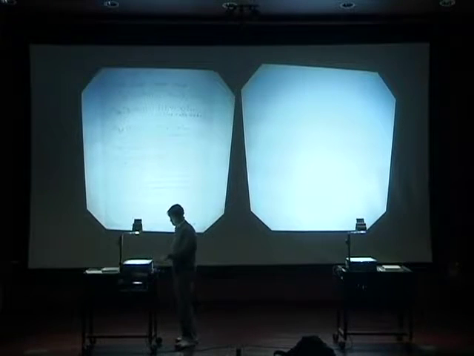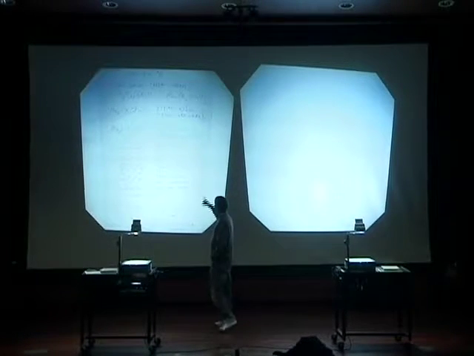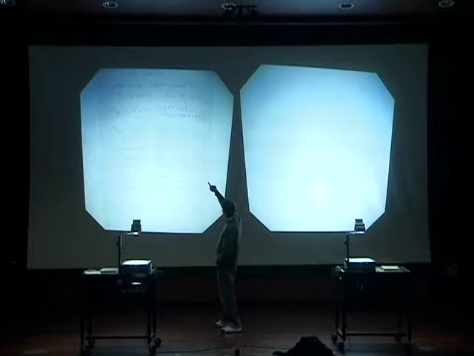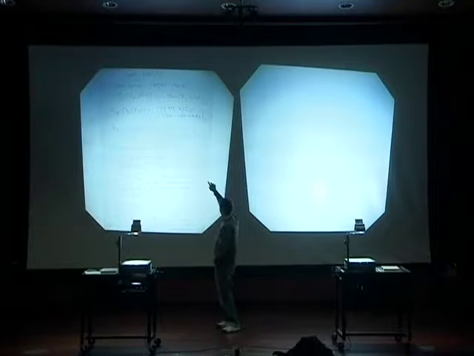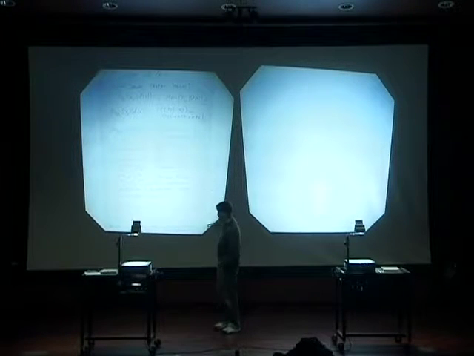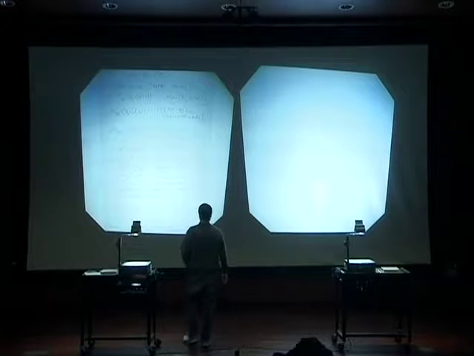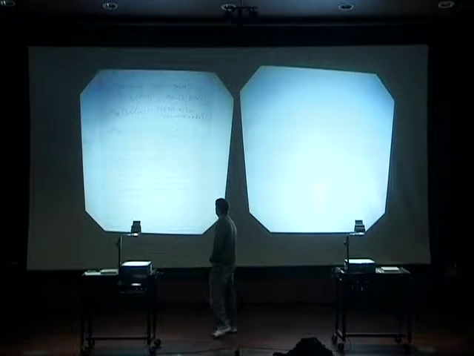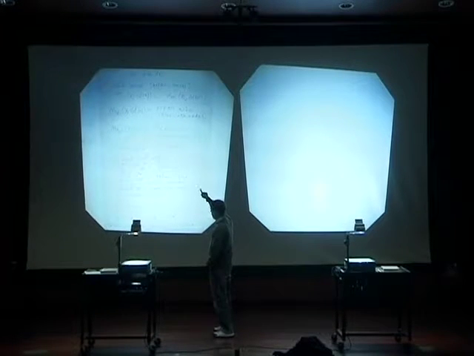Then the de Rham moduli space is the moduli space for vector bundles E with an integrable connection nabla. A connection nabla is an operator satisfying the Leibniz rule, and the curvature is 0. And the Dolbeault moduli space is the space of Higgs bundles, which is a vector bundle E with a tensor theta.